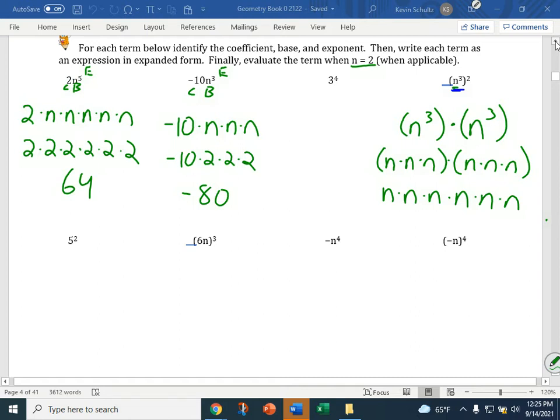Let's look at the bottom row there, those last two. Slight difference in how they're written, right? Negative n to the fourth with no parentheses, and then negative n in parentheses with that exponent of 4 on the outside. In the first one here, what's our coefficient? What's our base?